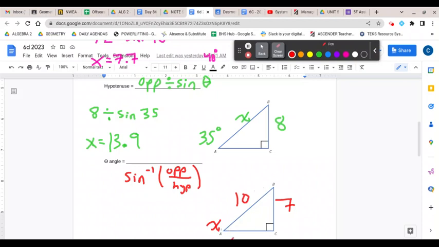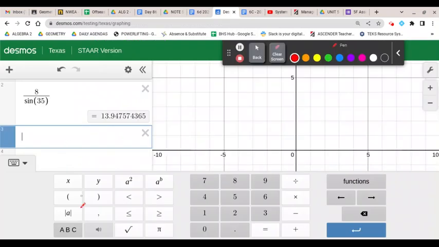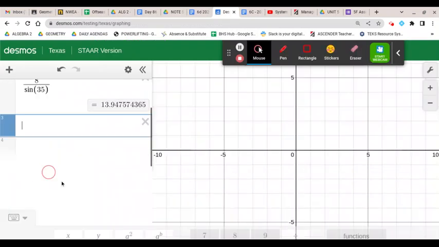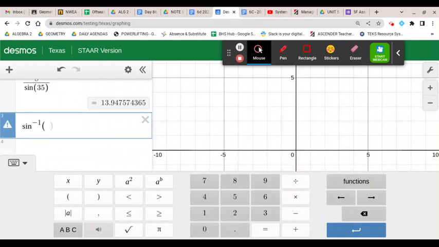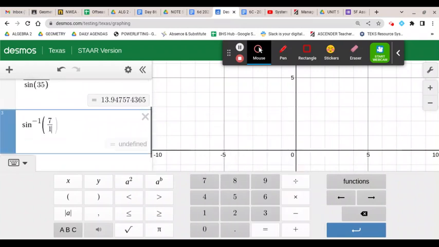We don't know our angle. Opposite leg is 7, hypotenuse is 10. We're going to type in the inverse sine of 7 divided by 10. We go to our Desmos calculator, go to the functions menu, hit the inverse sine, and type in 7 divided by 10.